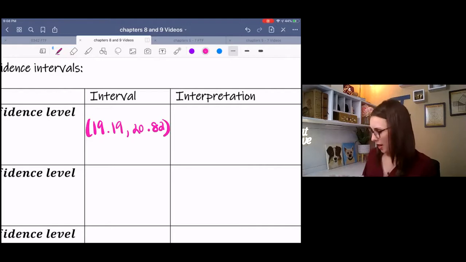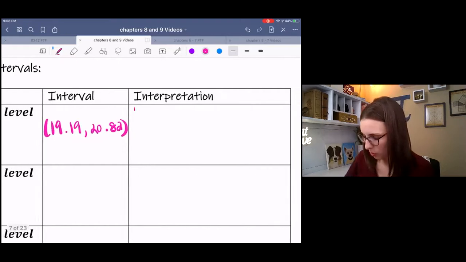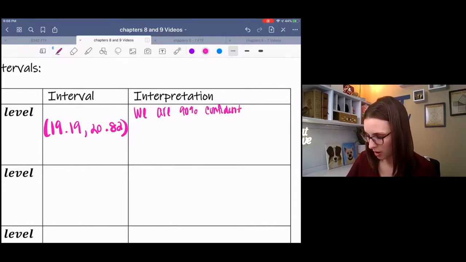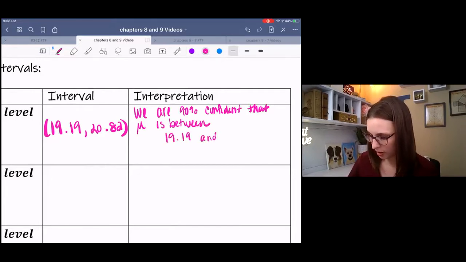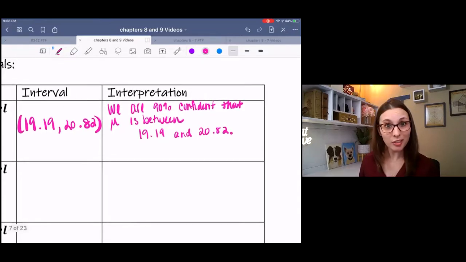So we would say, we are 90% confident that the population mean is between 19.19 and 20.82. That's all. That's all you got to do.